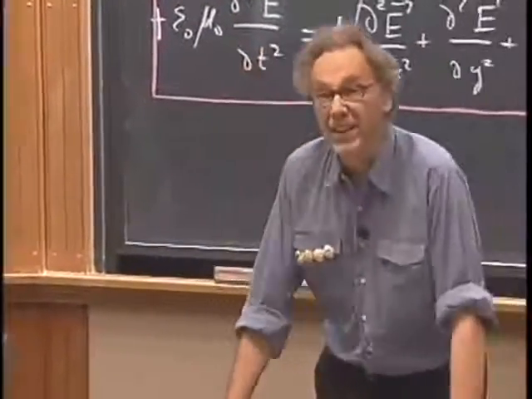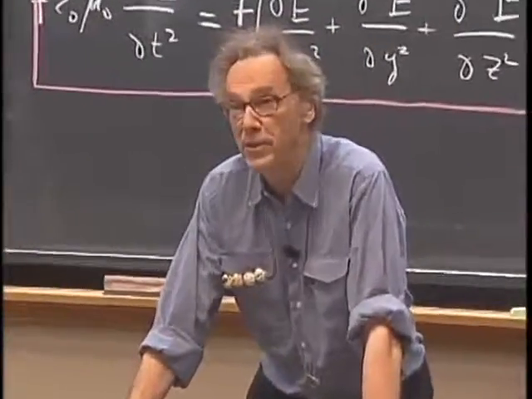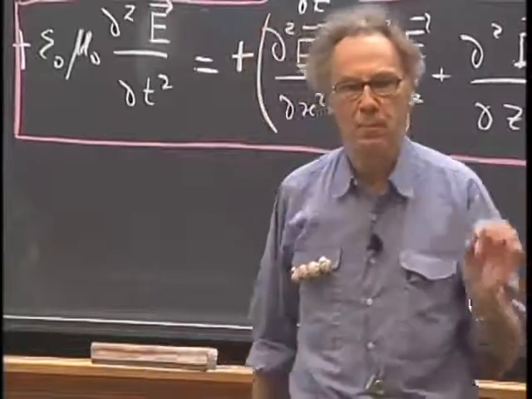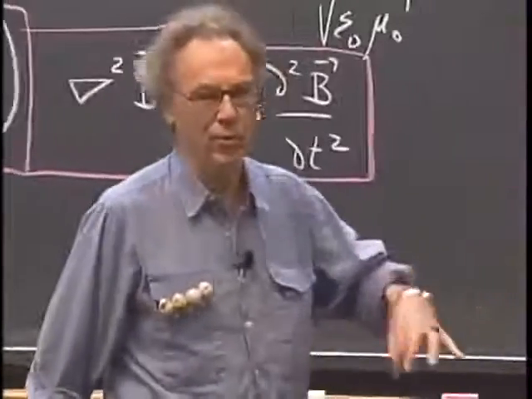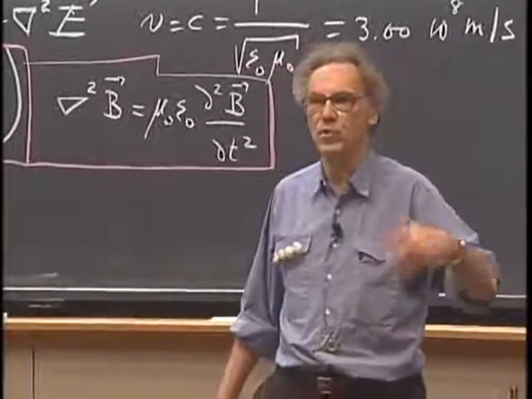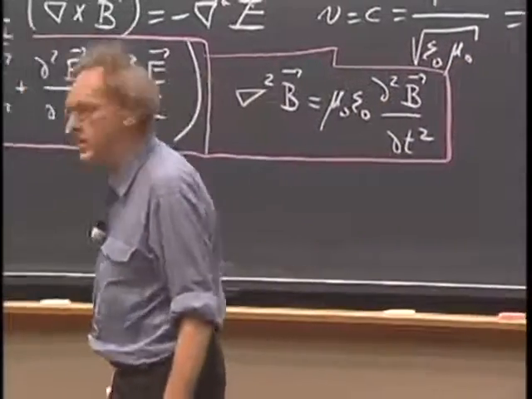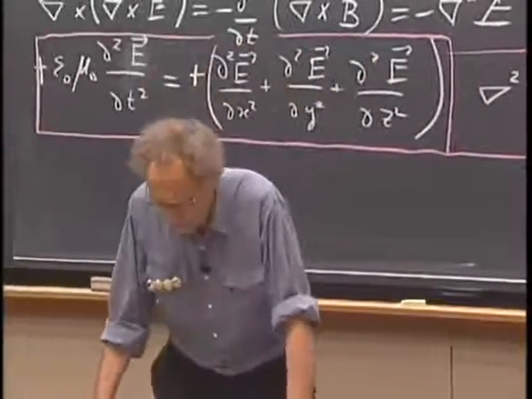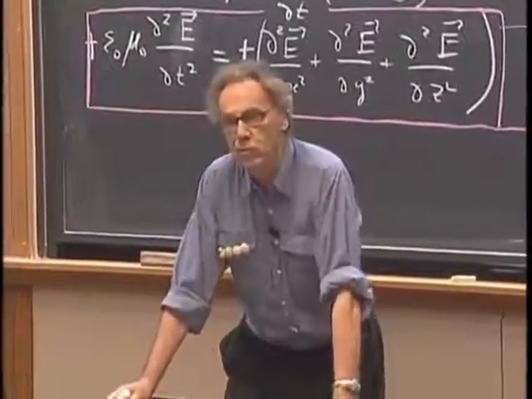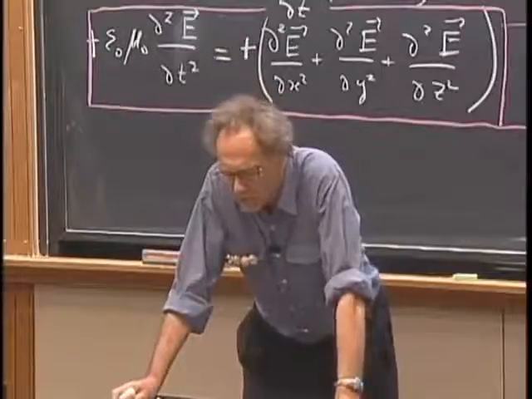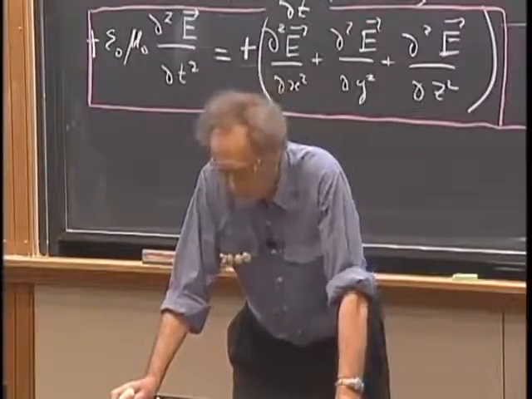And then in the late 19th century, in fact in 1849, both Foucault and Fizeau measured the speed of light in their laboratory in France. One used a rotating mirror, the other used a rotating disk, and so they were even able to do it in the laboratory, and they found values which were within 5% of 300,000 kilometers per second.